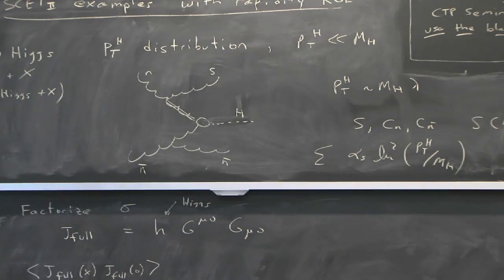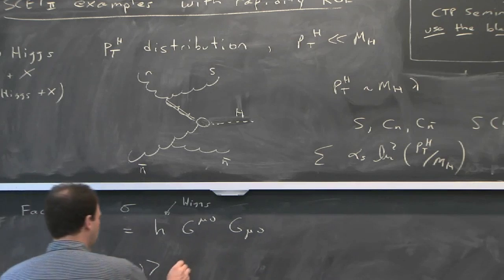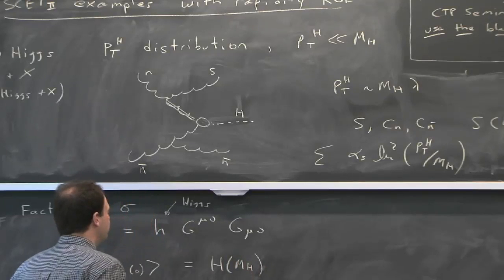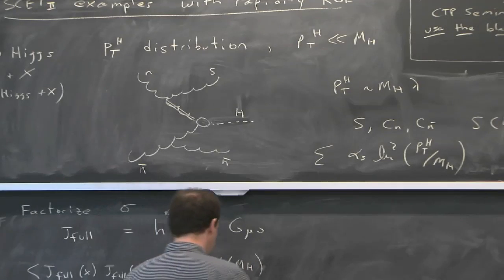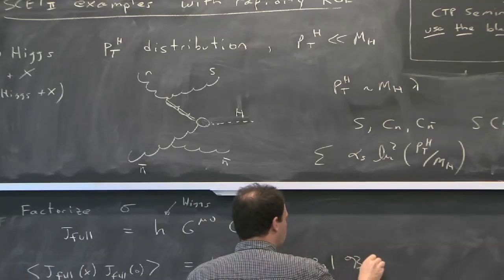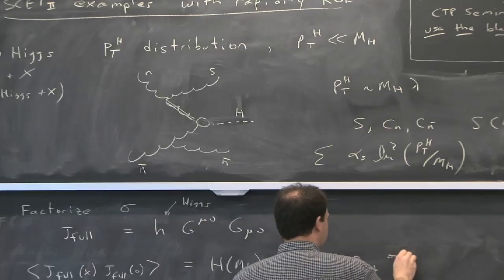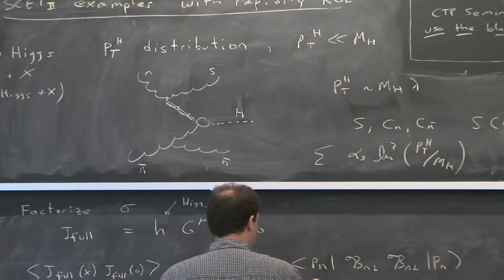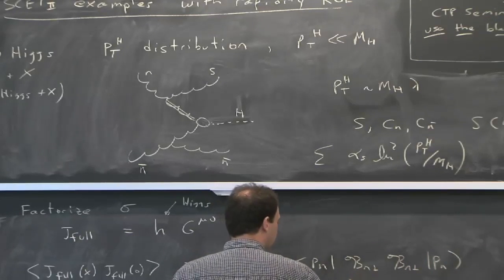You can basically write that as a factorization for a matrix element of two currents. You get some hard function, which is the Wilson coefficient squared of this operator. And then you get some matrix elements that look like this.